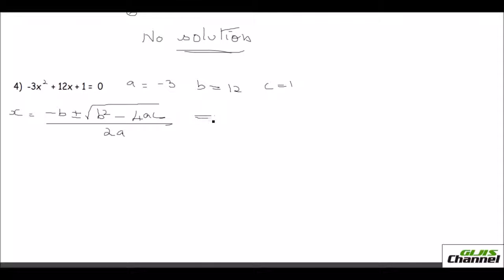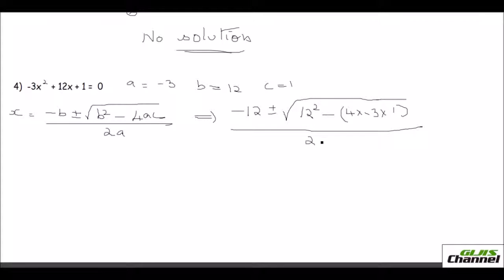Let me plug in the values here. Minus b is minus 12 plus or minus square root of b square is 12 square, minus 4 times a is negative 3 times c is 1, divided by 2 times negative 3.